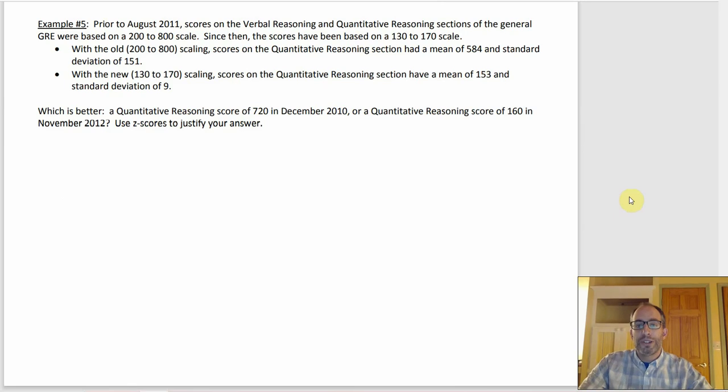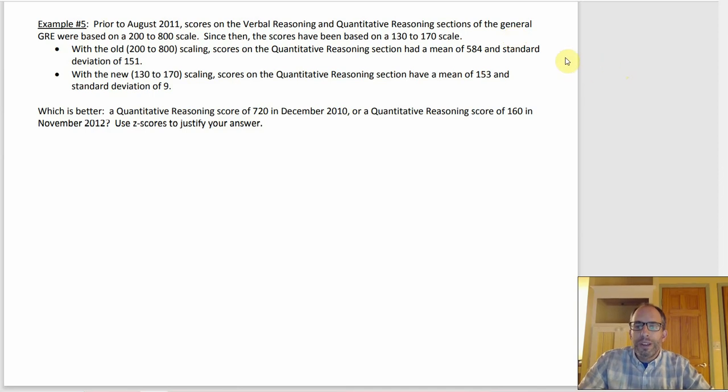Then it changed to where the worst possible score was 130 and the best possible score was 170. I have no idea why anyone would pick that and go, yeah, that's easy to understand, but apparently someone did, and that's the way it works now.